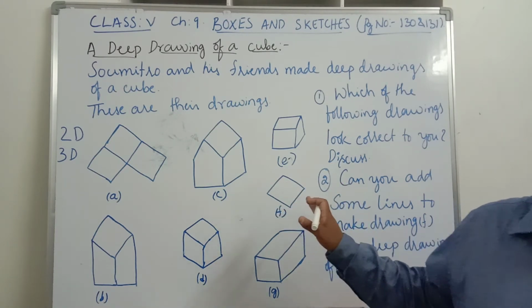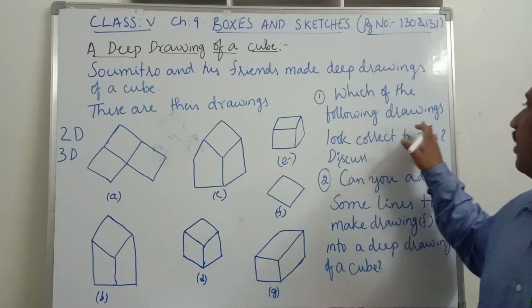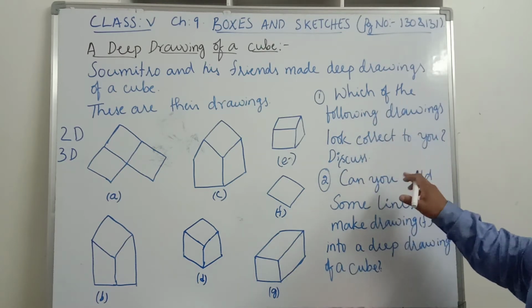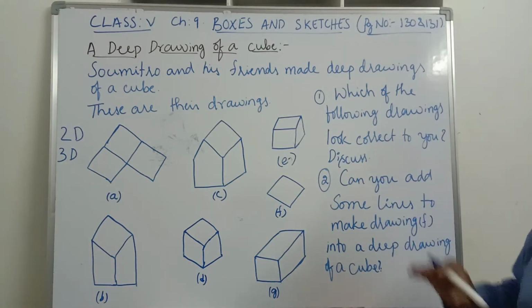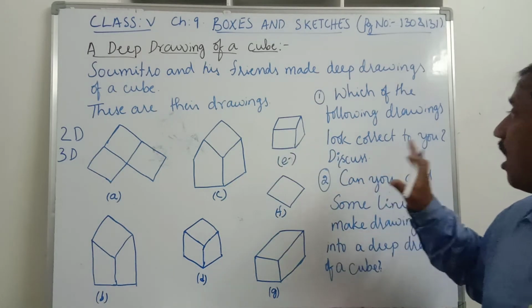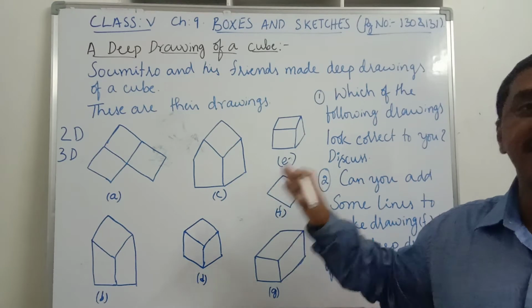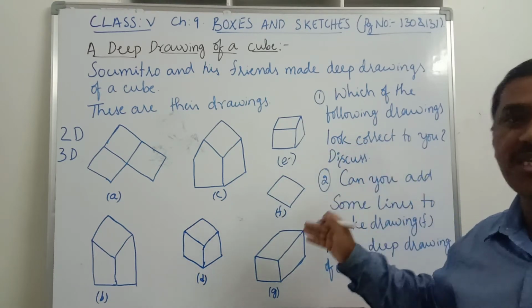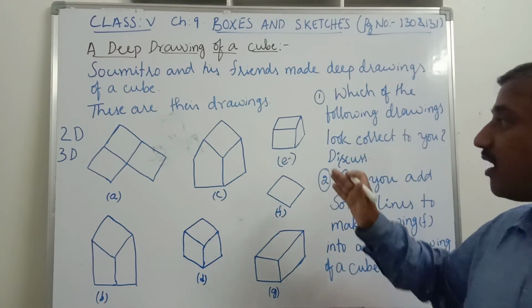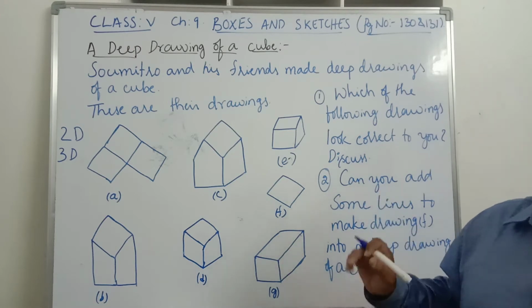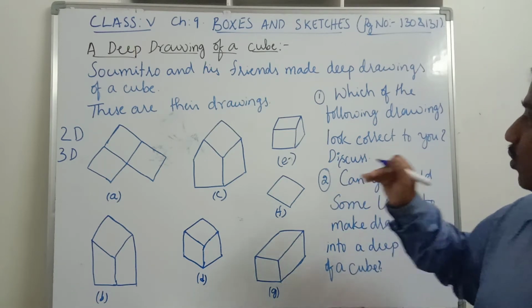Observe these figures. Which of the following drawings look correct to you, and discuss. Correct in the sense, which of these figures represents a cube? Why do they represent a cube, and why are they not cubes? You discuss.